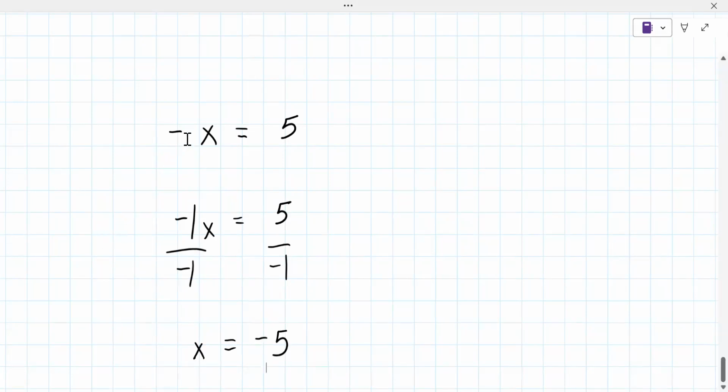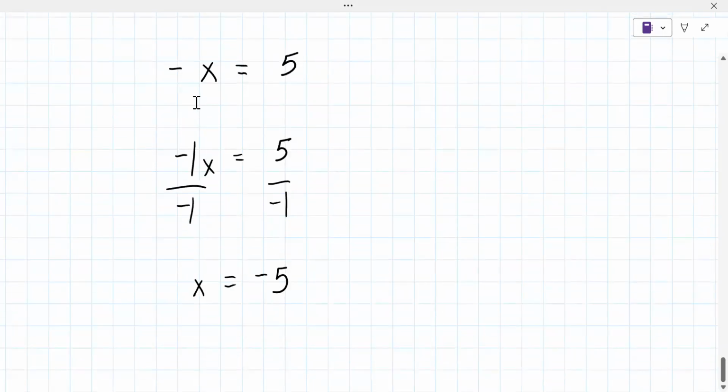I'm not entirely sure. What I'm trying to show you is that sometimes you'll see a negative in front of a variable, but it really means it's -1 times the variable. And that's important. It seems like a small distinction, but it's a big deal.